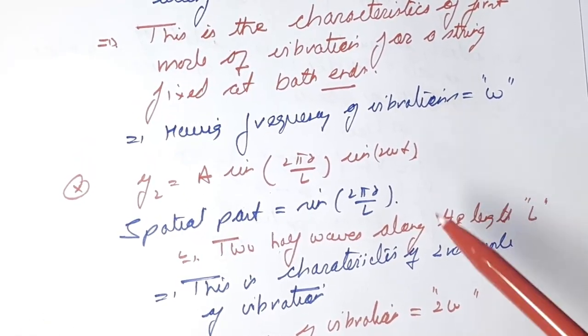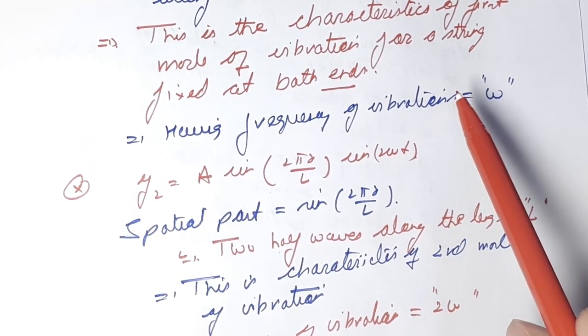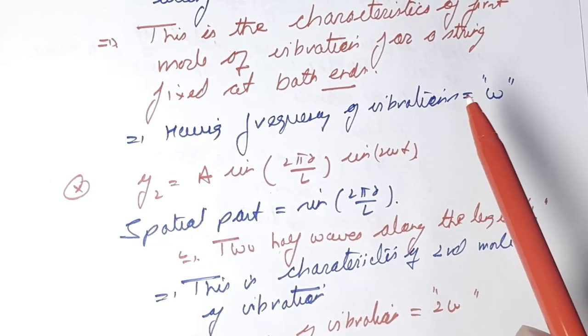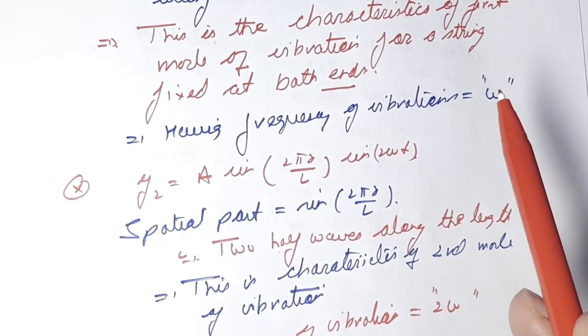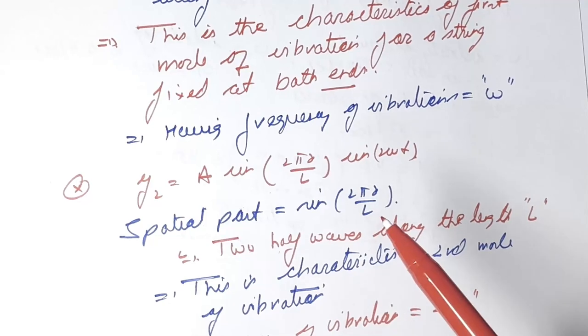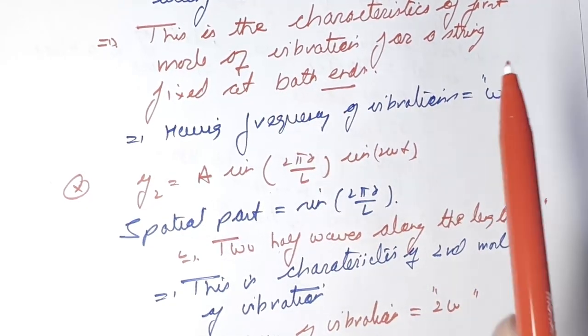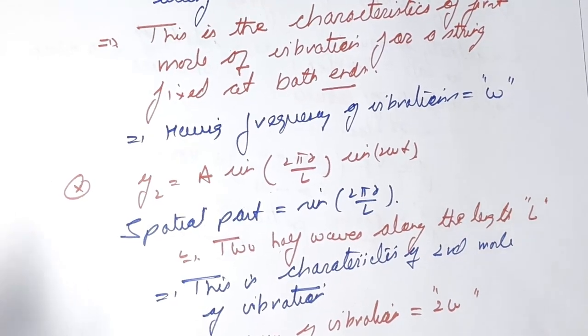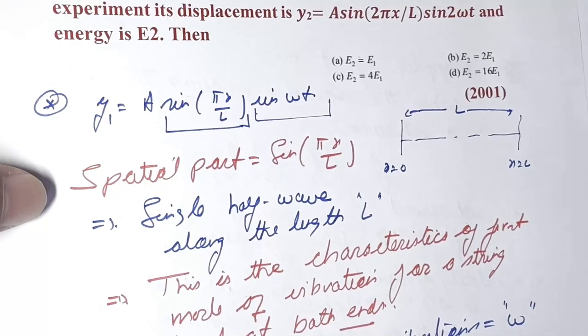So from here also we can say that y1 represents the first normal mode and y2 represents the second normal mode, which can also be concluded from here.